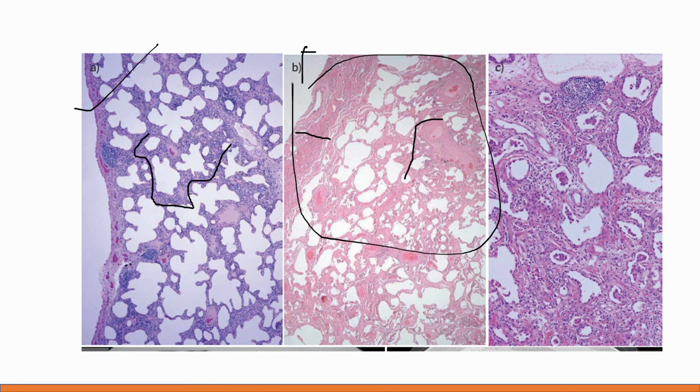And when you go to a higher power of this fibrotic NSIP, we see a diffuse thickening of the alveolar walls and fibrosis, but no fibroblastic foci. So when there are no fibroblastic foci, we cannot call it a UIP. This becomes an NSIP because there is more diffuse thickening of the alveolar walls.